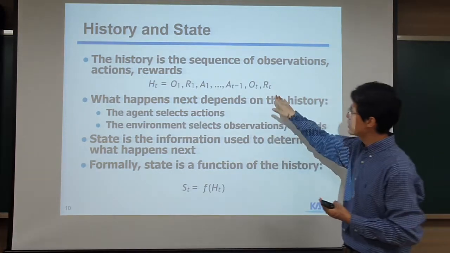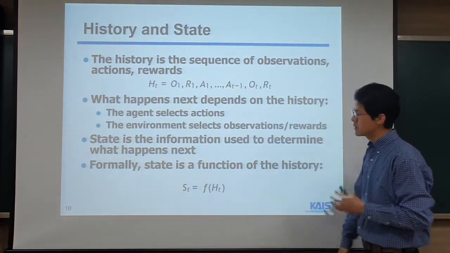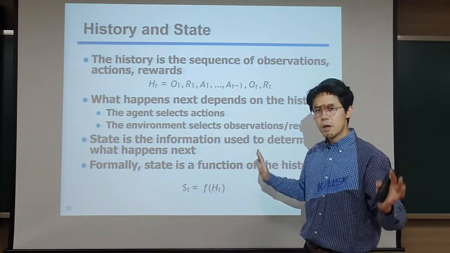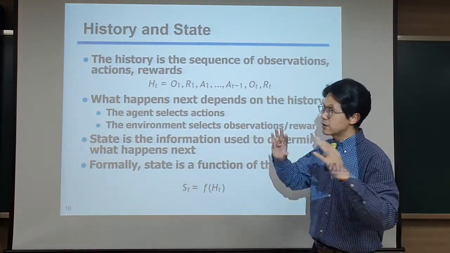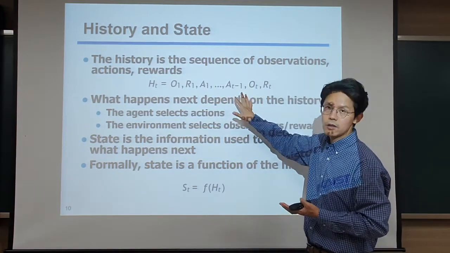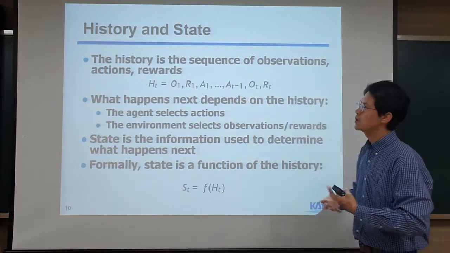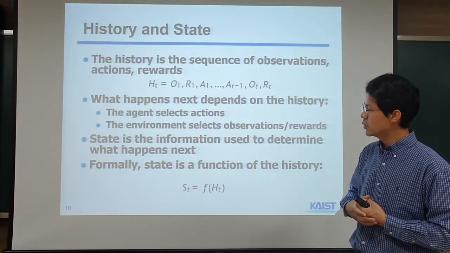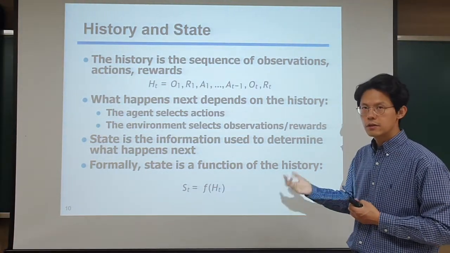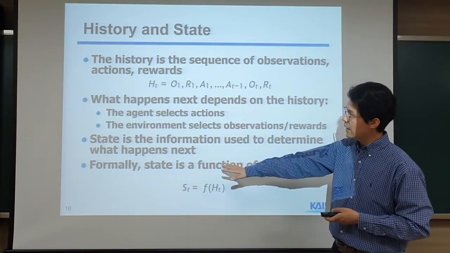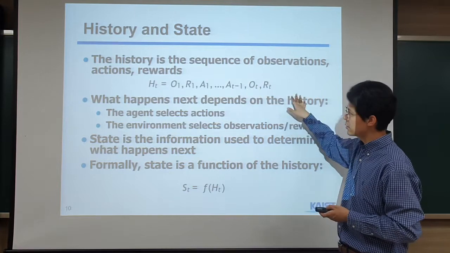Formally, the state is a function of history. We get some representation that summarizes the history. Sometimes we can directly use the history, or we can have a better, more compact representation. Typically, we can use recent deep learning representations for doing that.